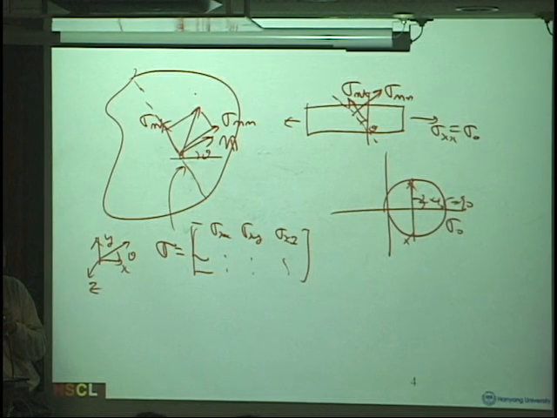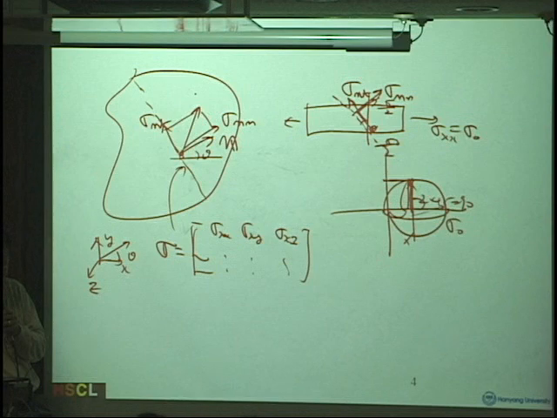That maximum value will be half of this sigma 0, right? And this one, this is a shear and normal component. So normal component and shear component will be half of this one. And as you can see, this is the upper region, so a shear will be negative. That's why we will have this direction.